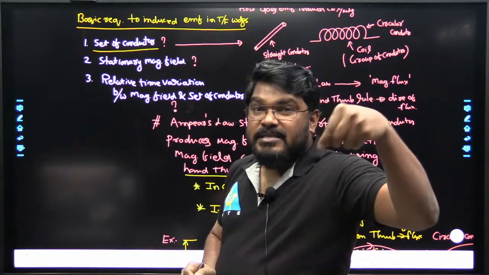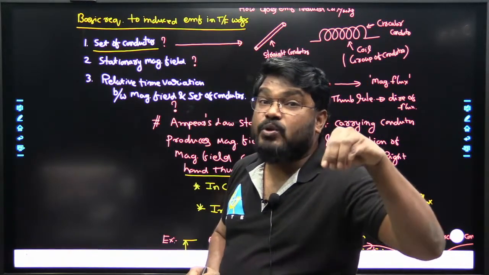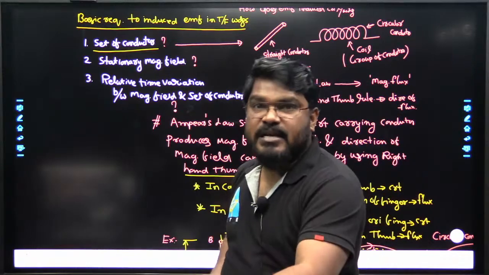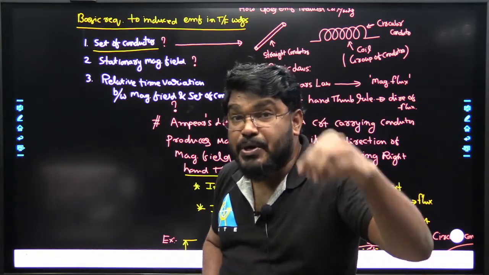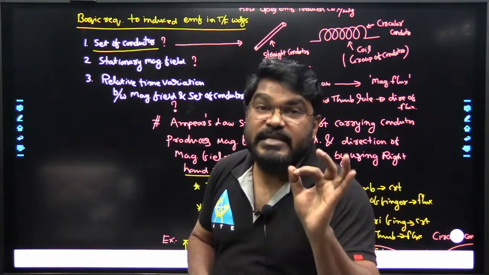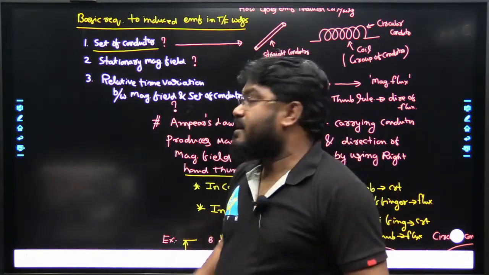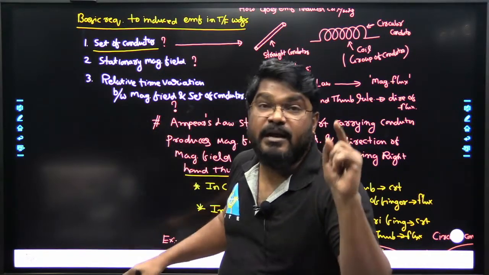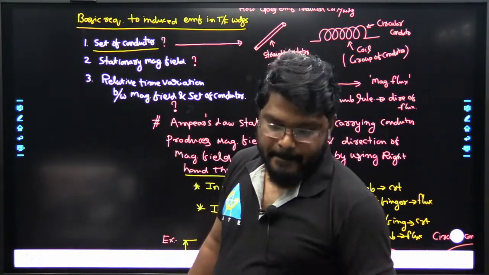So the flux changes with respect to time. The magnetic field is stationary, the conductor is also stationary, but the flux produced in the magnetic field must vary with time. This type of relation is known as the relative time variation between the magnetic field and the set of conductors.